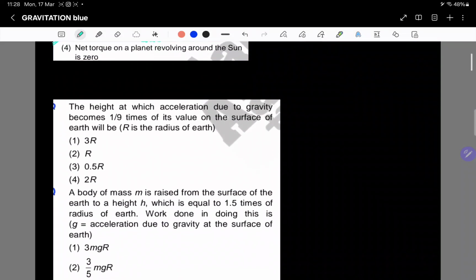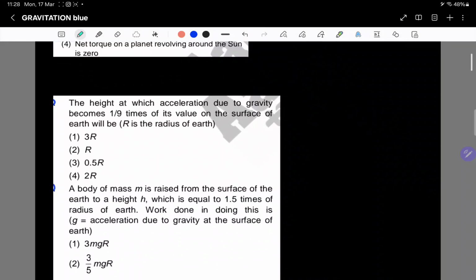Next one. The height at which acceleration due to gravity becomes 1 by 9 times the value of acceleration due to gravity on the surface of Earth. Easy, students. Variation of acceleration due to gravity with height: g dash equal to g into r by r plus h whole square.